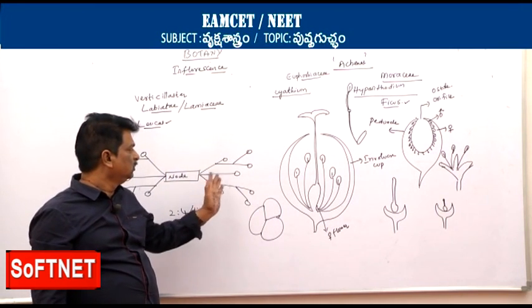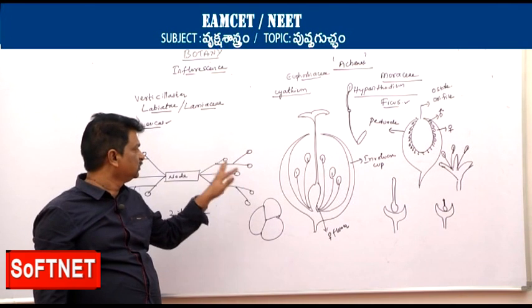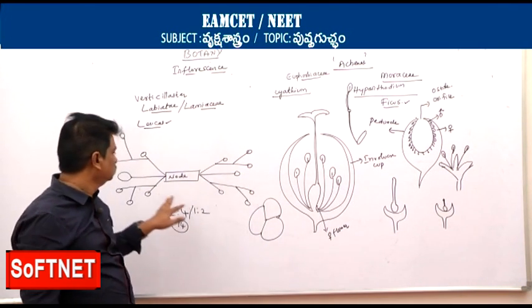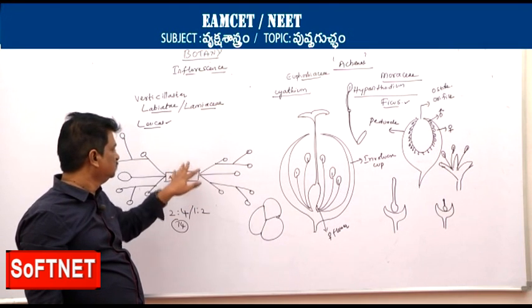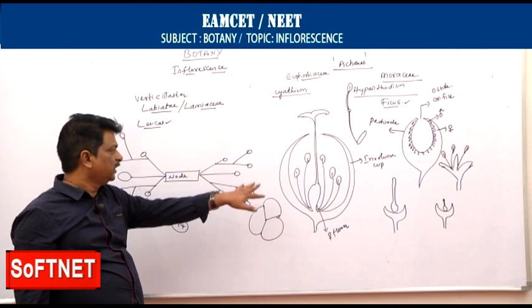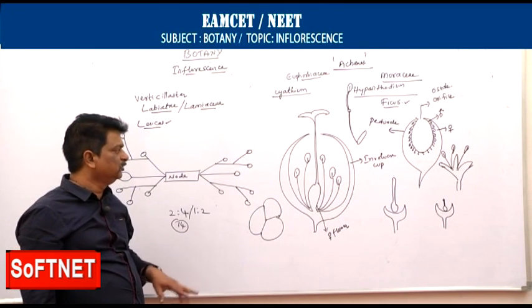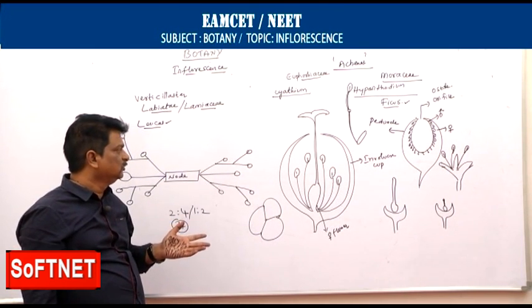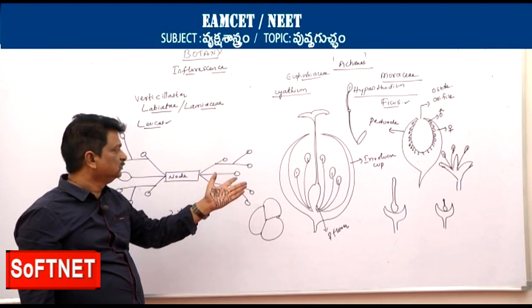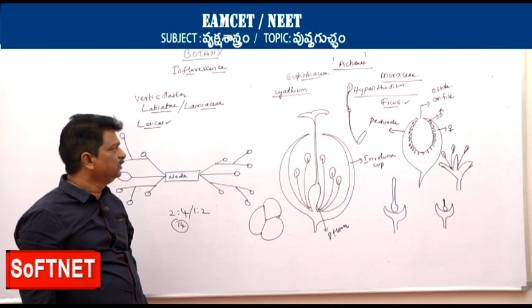So, these are the 3 types of special inflorescence: verticillaster, cyathium, hypanthodium. In verticillaster, generally flowers are bisexual. In cyathium and hypanthodium, flowers are unisexual. But the difference is, in cyathium, flowers are pedicellate.